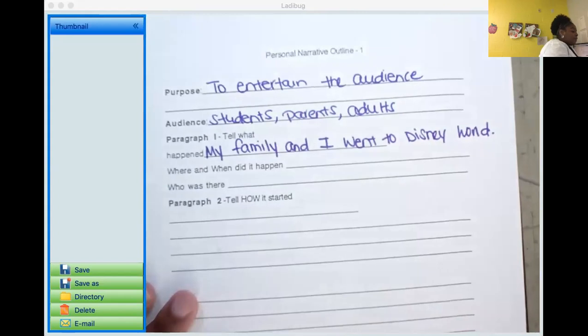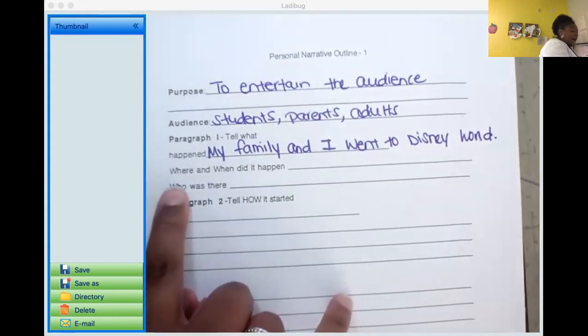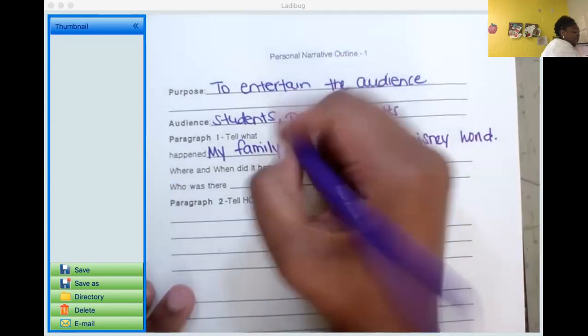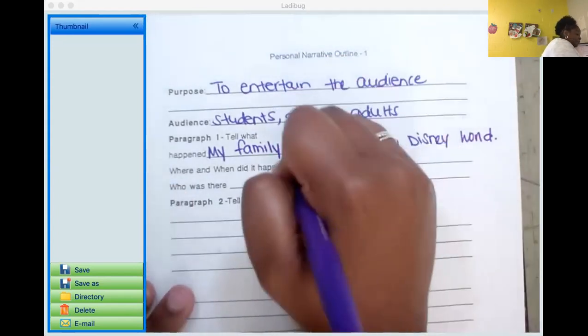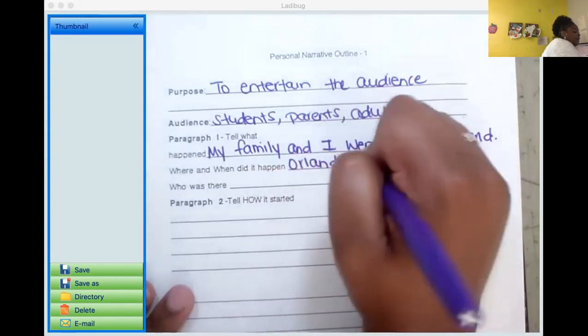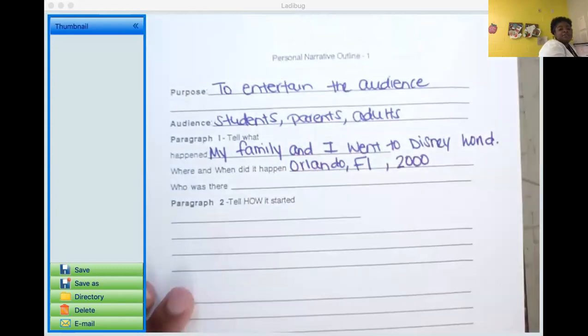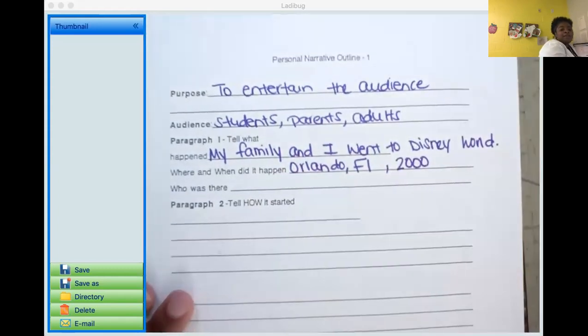Okay. Now we're going to write in where and when did it happen. For me, Disney World is in Orlando, Florida. And this was the year 2000, so 20 years ago. My goodness. Okay. So go ahead and write in the information that applies to your personal narrative.